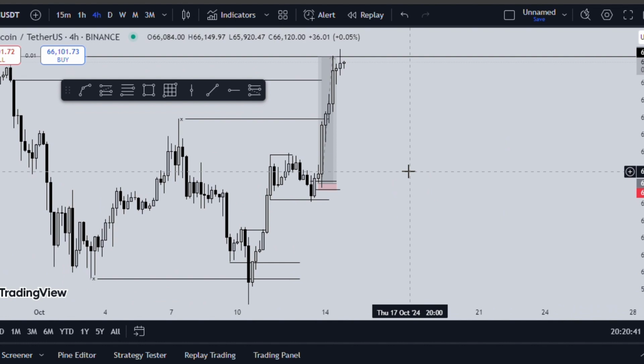All you have to do is just find your draw on liquidity, figure out the order flow, then wait patiently, then draw the OTE, then just enter on the 0.705 or the 0.62. It depends on what you are willing to risk. So that's everything. Thank you.